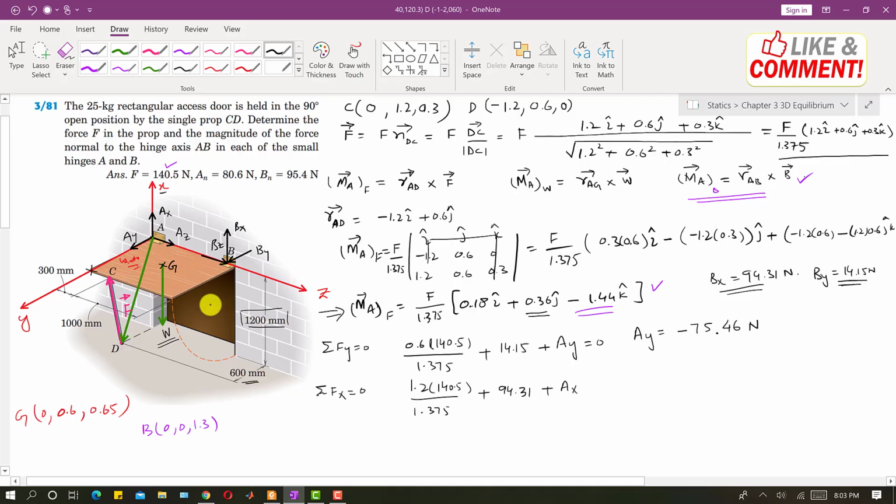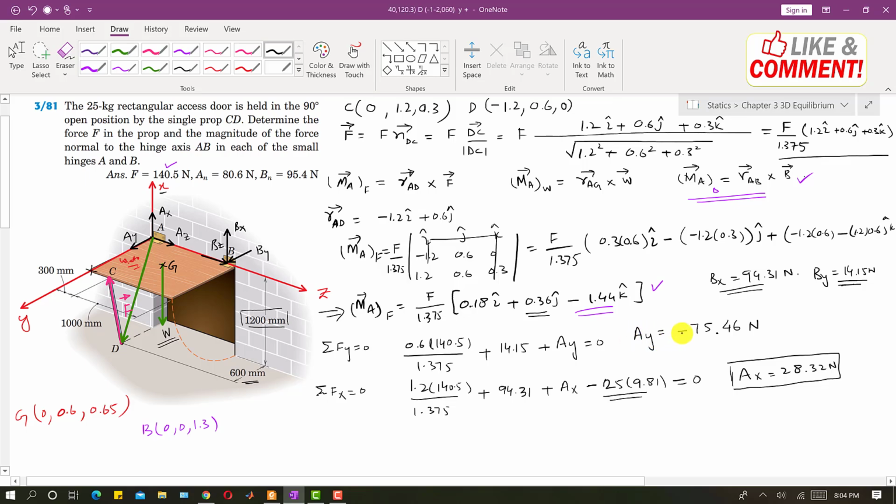That weight is acting in the negative X direction, so I will write minus 25 into 9.81, and this will be equal to 0. So this will give us the reaction at A along X. Using this equation, Ax comes out to be 28.32 newtons.